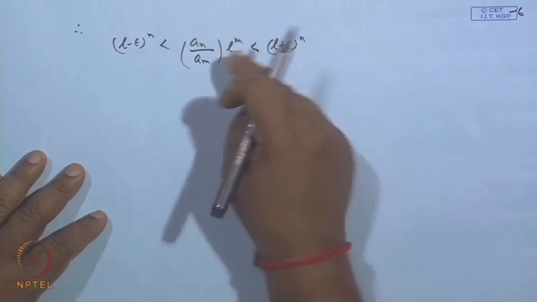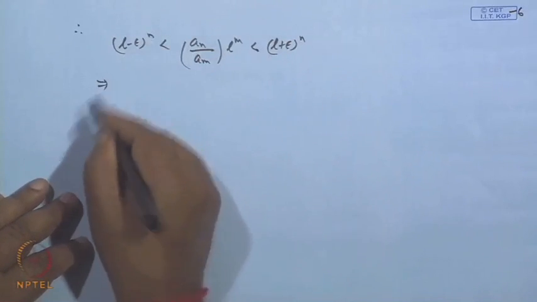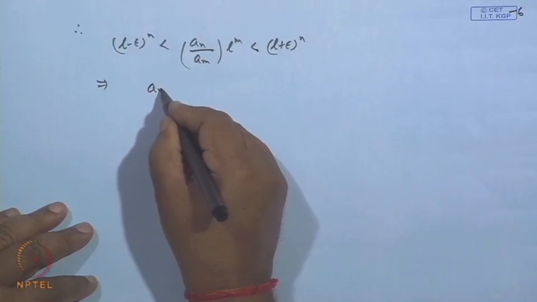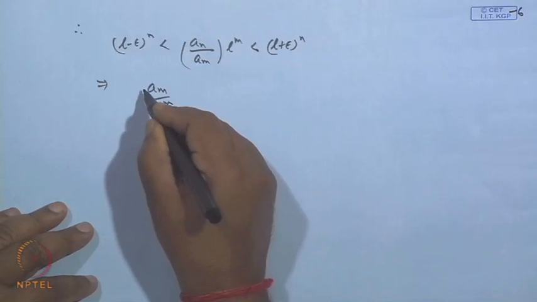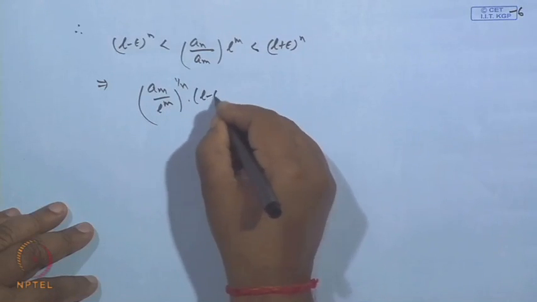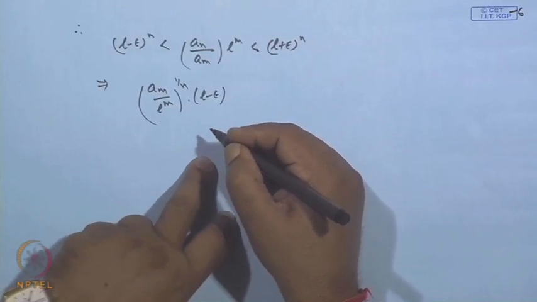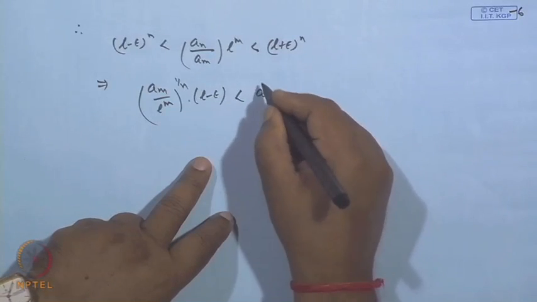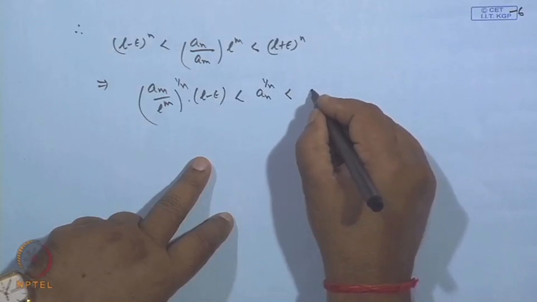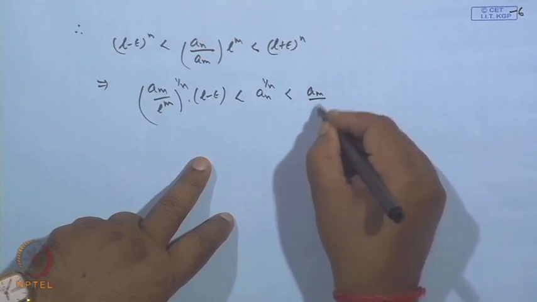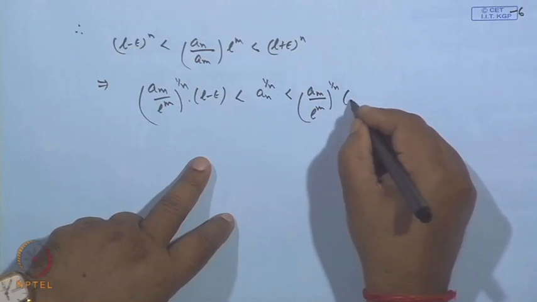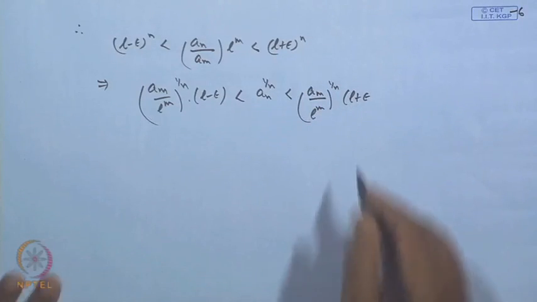Now, take this term here. So, we get L minus epsilon times a n over a m L to the power m, raised to the power 1 by n, is less than a n to the power 1 by n, which is less than a n over a m L to the power m raised to the power 1 by n times L plus epsilon. Okay? Let it be 1.